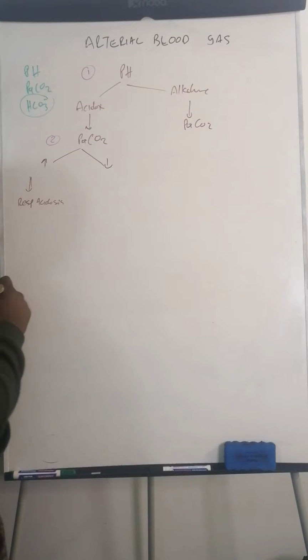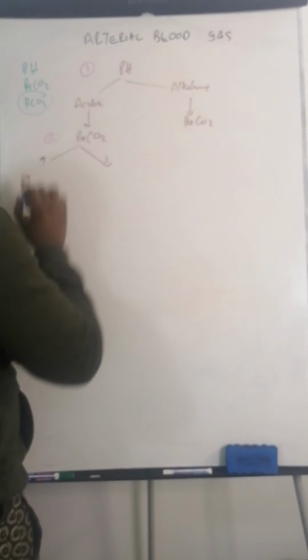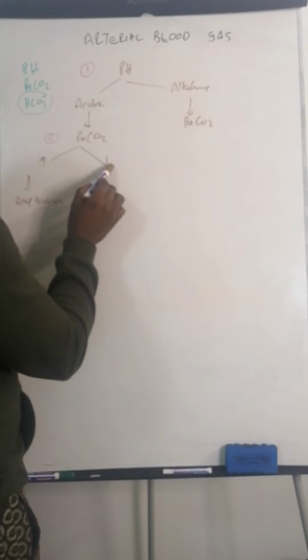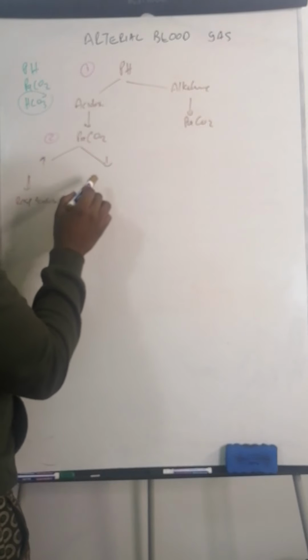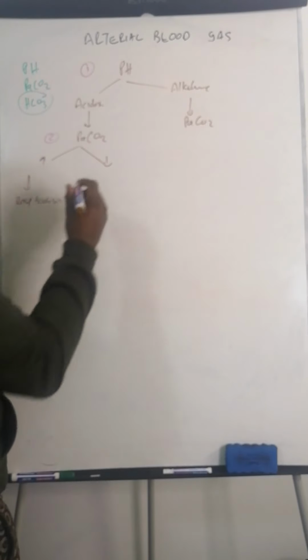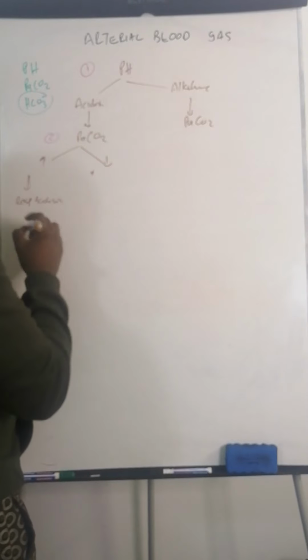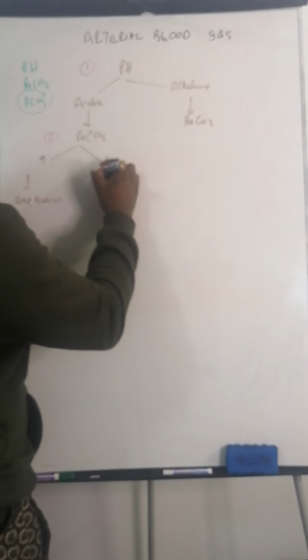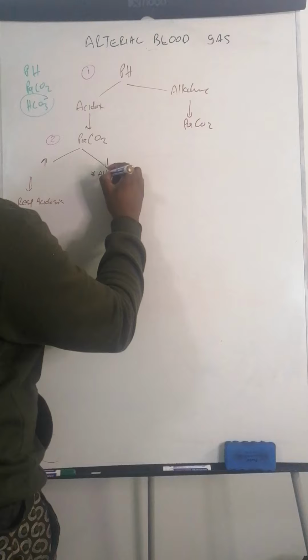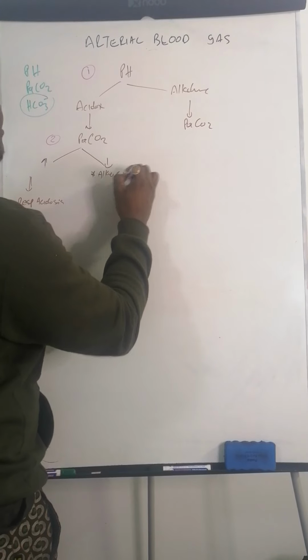But look at this one. You have acidosis, but you've got a decreased CO2. We know that a decreased CO2 doesn't give us acidosis, but it gives us alkalosis.